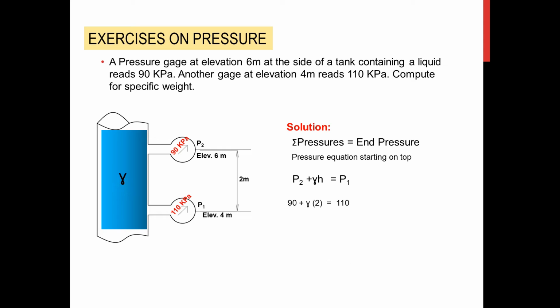We substitute the values, so the reading of P1 is 90, or I say P2 is 90, and then plus unknown gamma times the head of 2. That will be equal to the end pressure with the reading of P1 equal to 110 kilopascals. So therefore, we can derive the gamma is equal to 10 kilonewton per cubic meter. So that would be the answer on this problem.